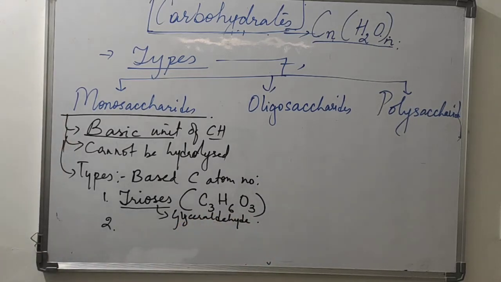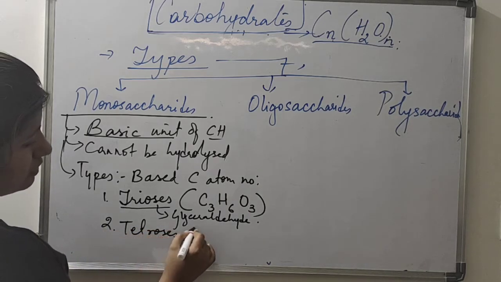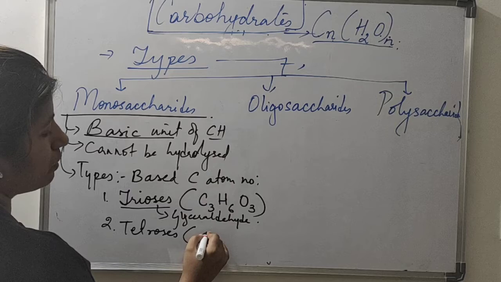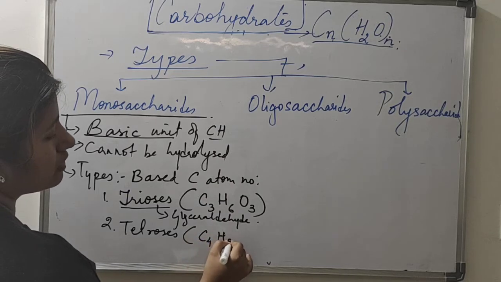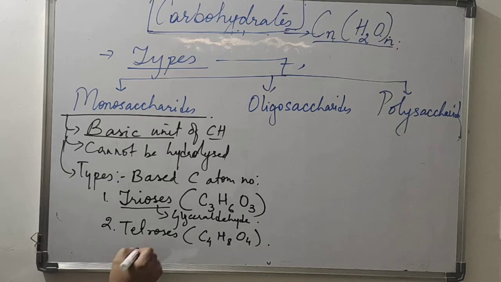Another example we can see is tetrose, where carbon is 4, then hydrogen will be 8, oxygen will be 4. An example of tetrose is erythrose.